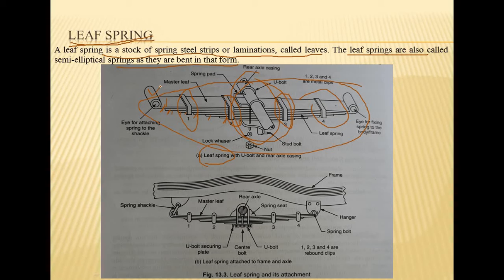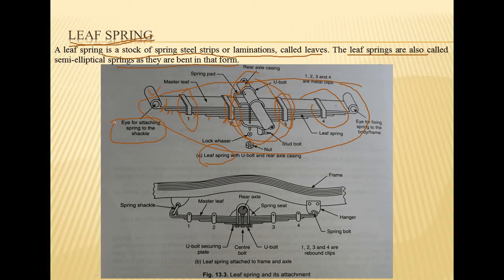The longest leaf in the assembly is called the master leaf. The assembly acts as a flexible beam due to the different length of each spring. Each end of the master leaf is formed into a loop called a spring eye. This is the eye for attaching the spring to the shackle.